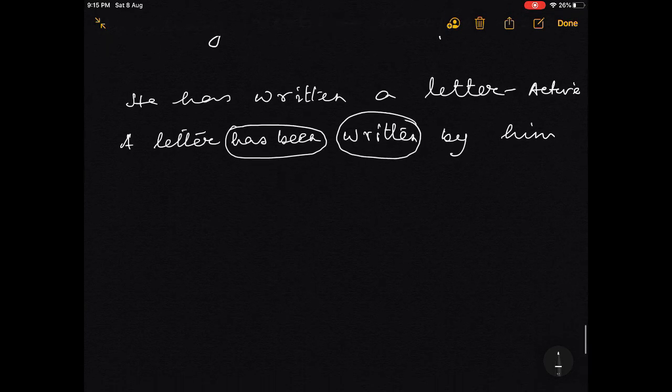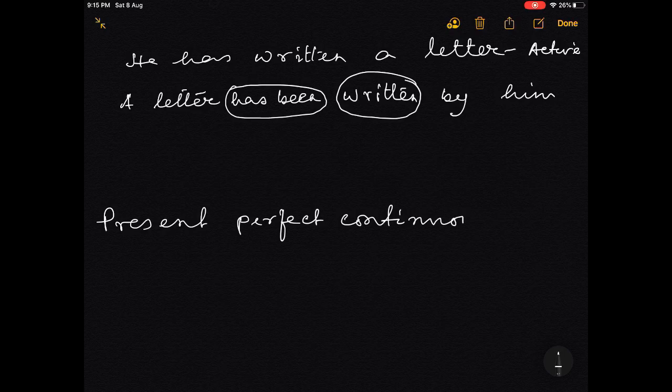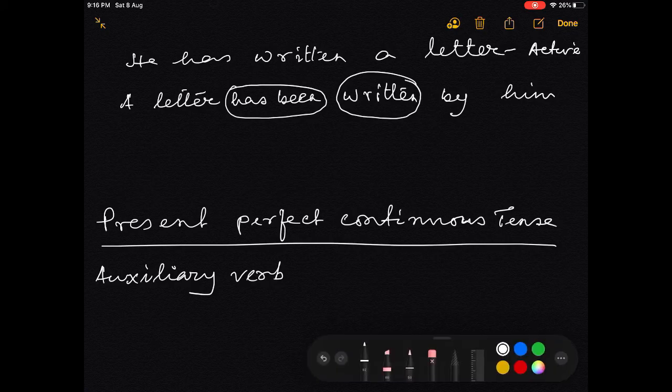Now present perfect continuous tense. Auxiliary verb, right?